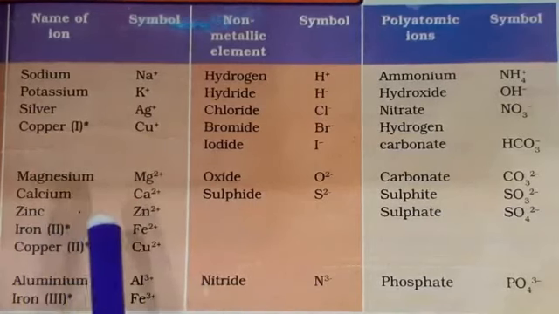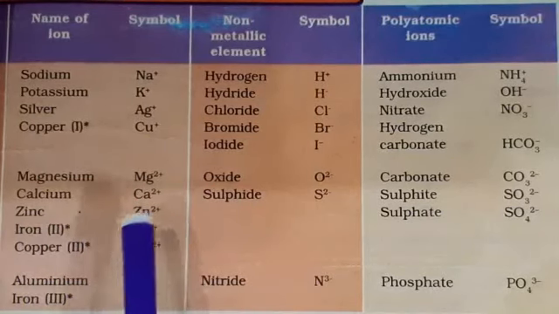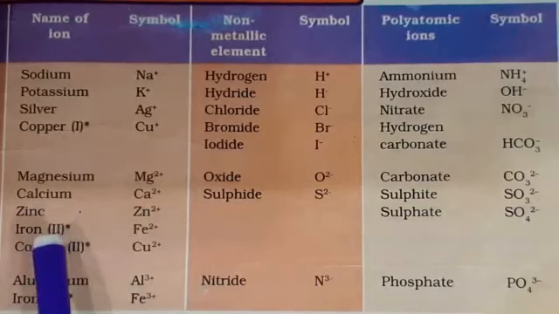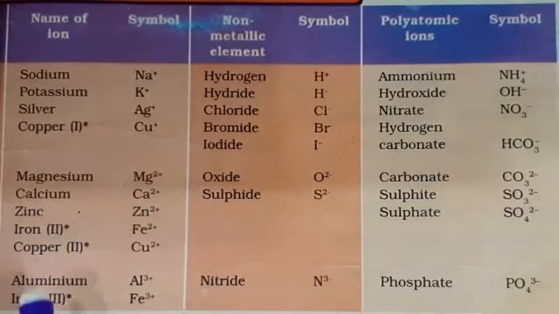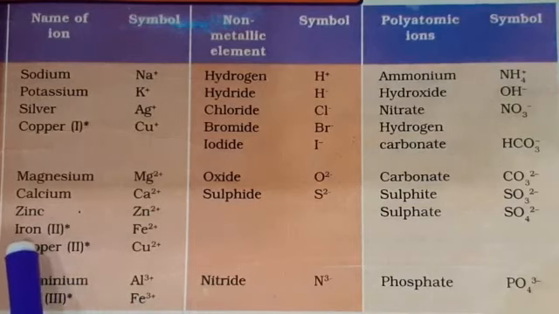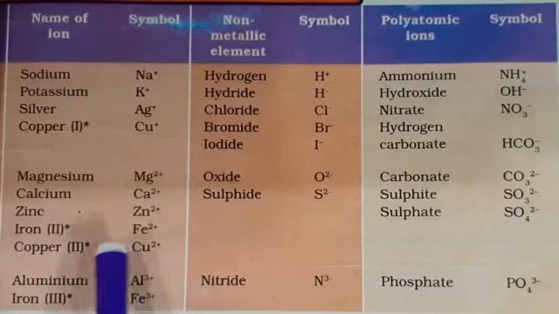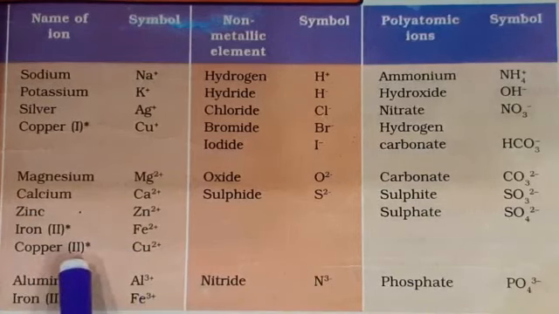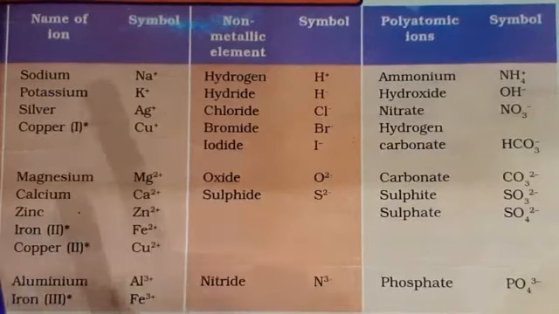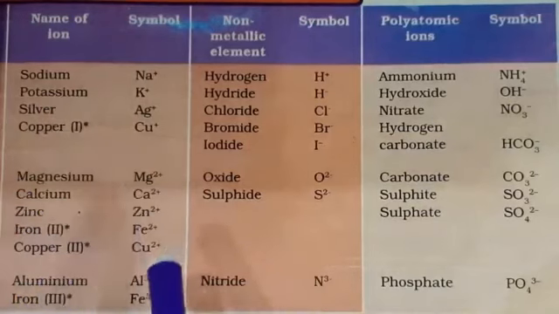Zinc is also Zn2 positive. Iron exists in the +2 state, written as 2 in the bracket, and in the +3 state, the last one, Fe3 positive. The symbol of iron is Fe. Copper, with 2 written, is 2 positive. Aluminium is Al3 positive. So these are the names of the ions with their symbols.